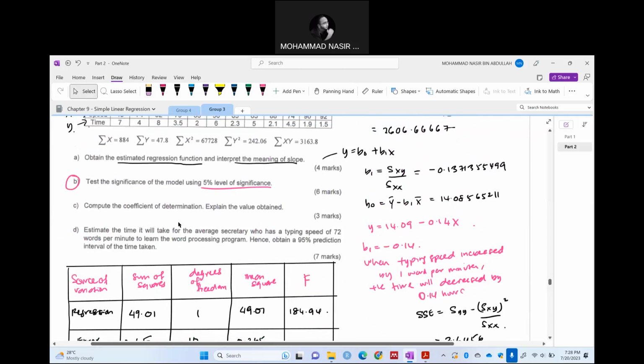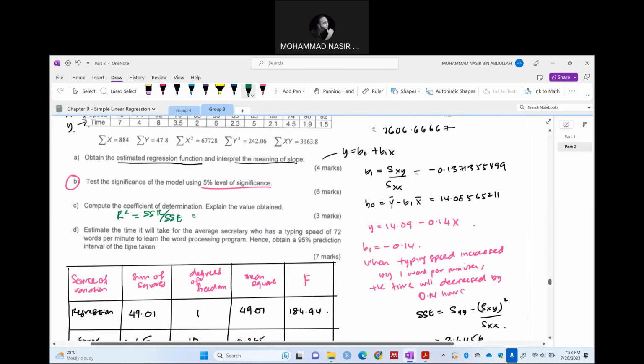Right. For question C, we need to compute the coefficient of determination. So this is very simple, okay? R square is SSR divided by SST.